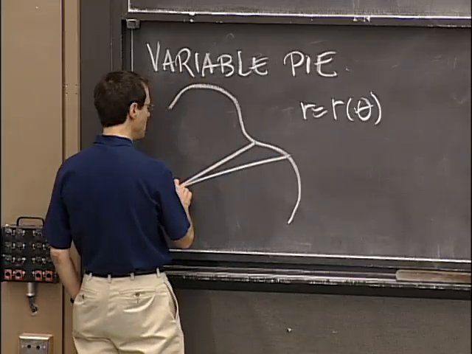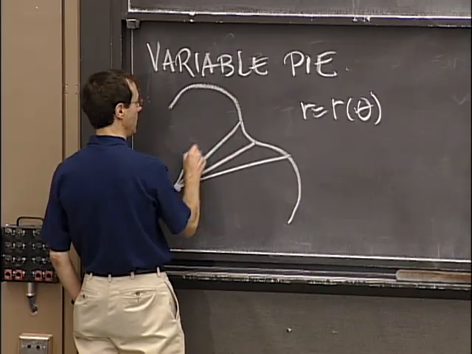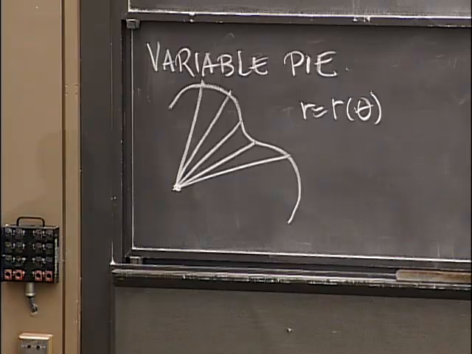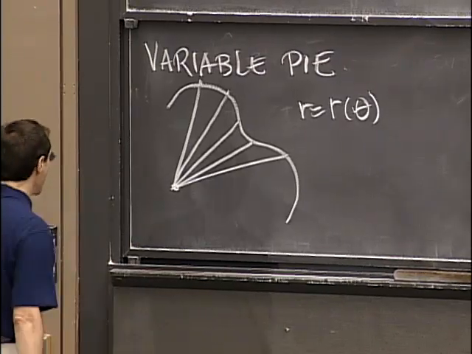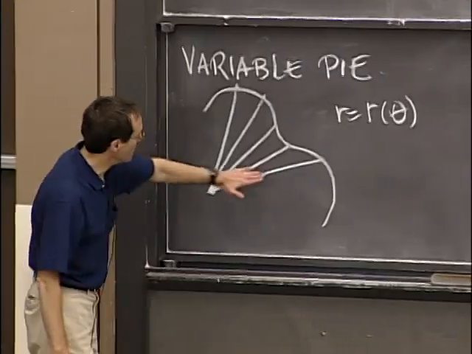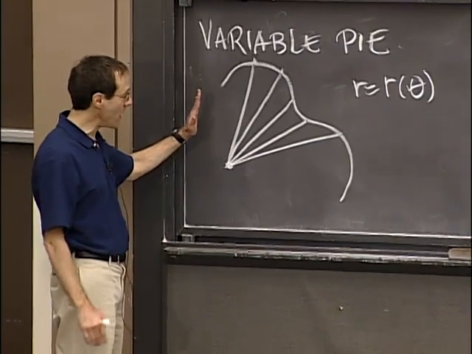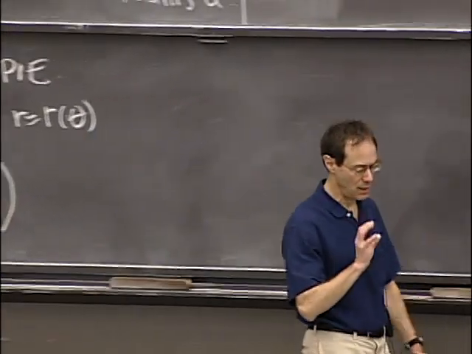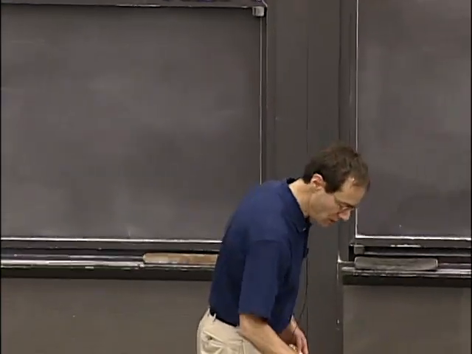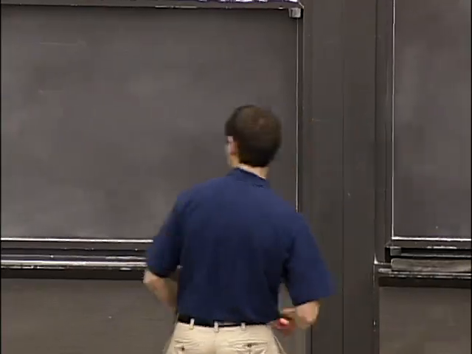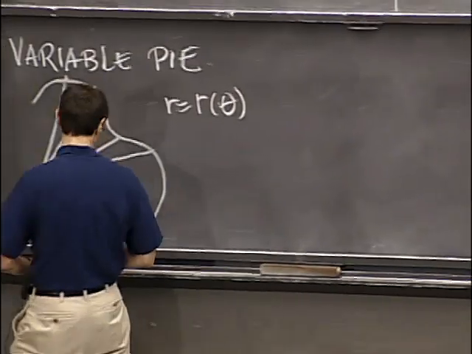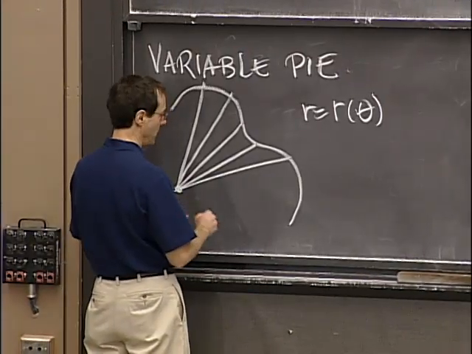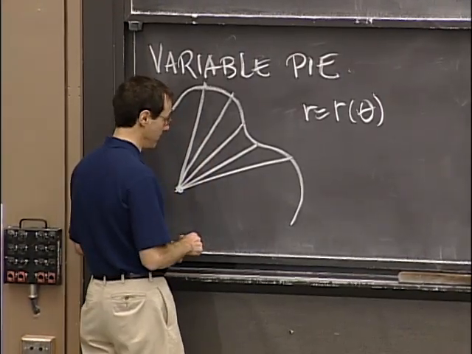And now I want to subdivide that into little chunks here. Now the idea for adding up the total area of this piece that's swept out is to break it up into little slices whose areas are almost easy to calculate.